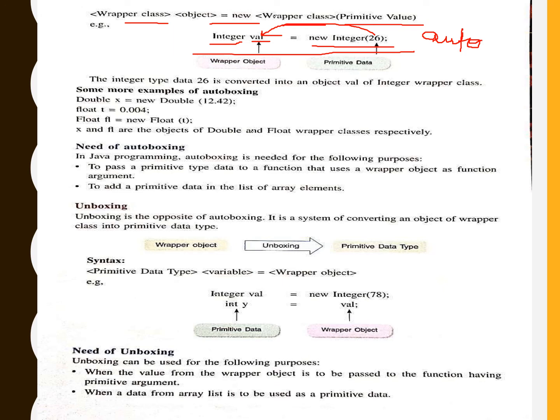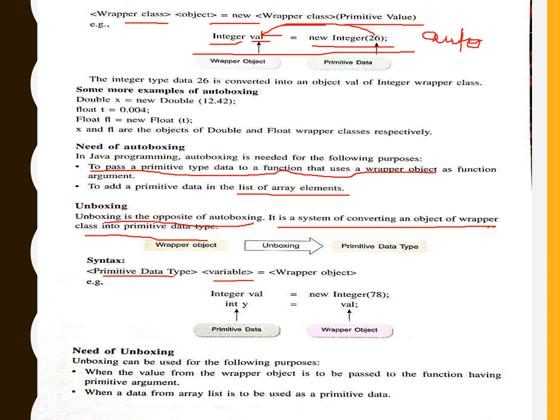Need of auto boxing: to pass a primitive data type to a function that uses a wrapper class object, or to add a primitive data type to a list or array element. Unboxing is the reverse process of auto boxing. It is a system of converting the object of a wrapper class into a primitive data type. Here is a primitive data type, name of variable and wrapper class object.